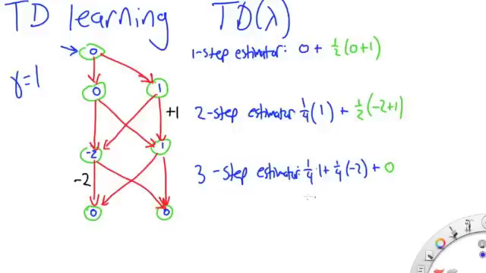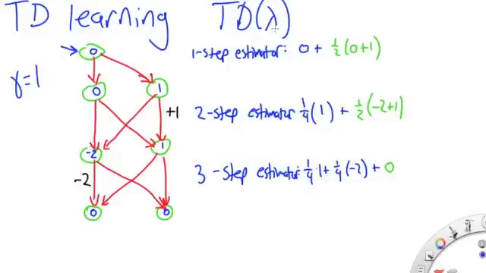We'll just call that 0. But the 3-step estimator, in this case, gives the actual expected value, which is a quarter plus a quarter times -2. And so these are 3 different ways of trying to estimate what the reward is at this node.